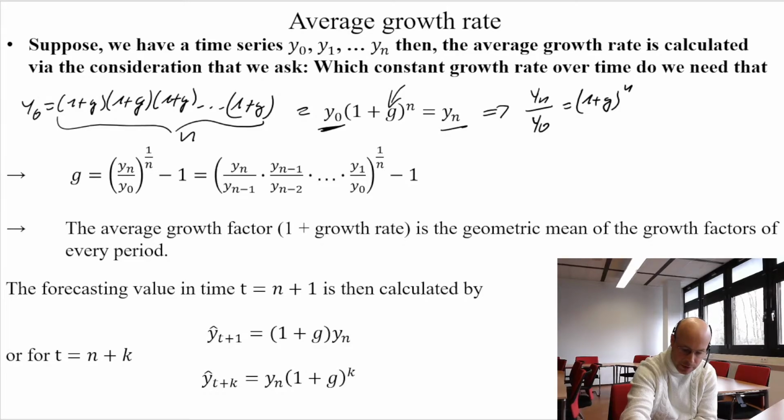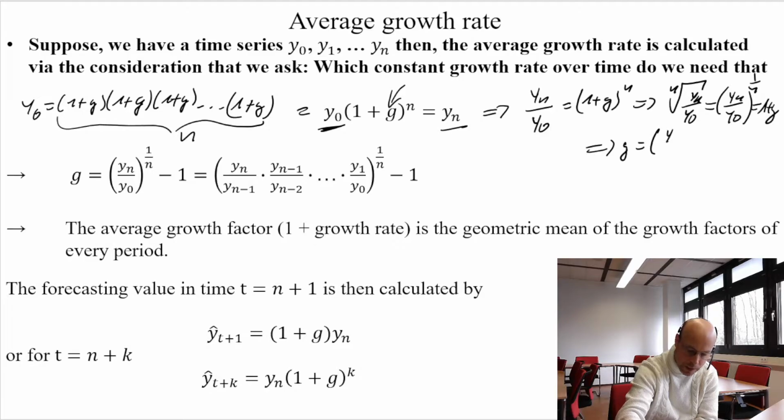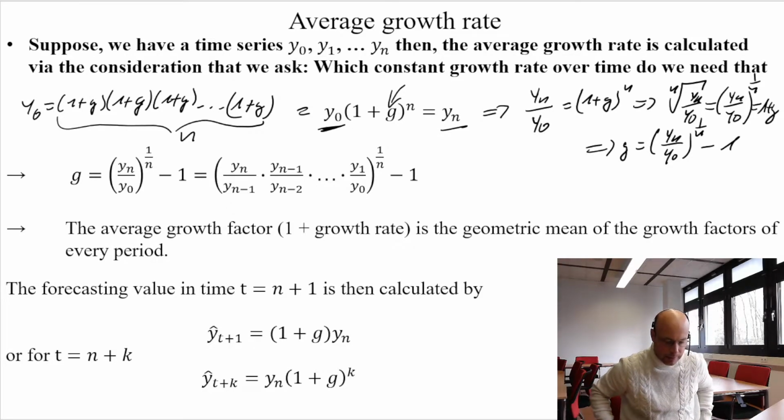Taking the nth root, the nth root of yn over y0, which we can also write as (yn over y0) to the power 1 over n, equals 1 plus g. And then, of course, we obtain g equals (yn over y0) to the power 1 over n, minus 1.